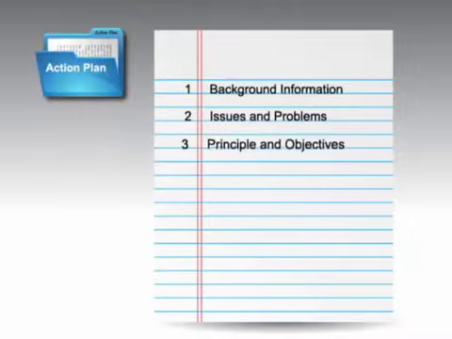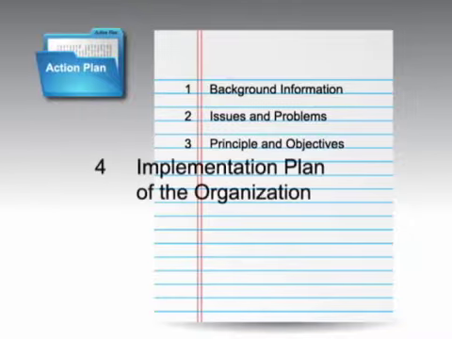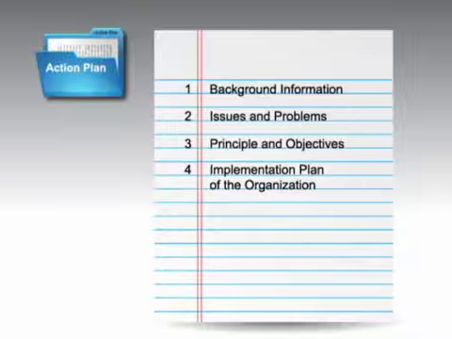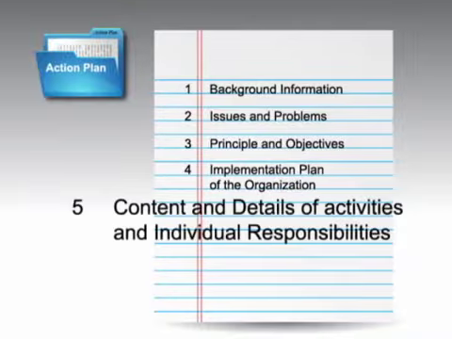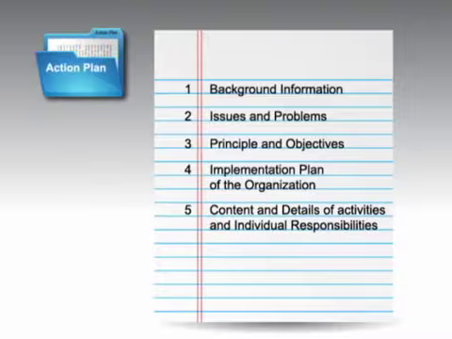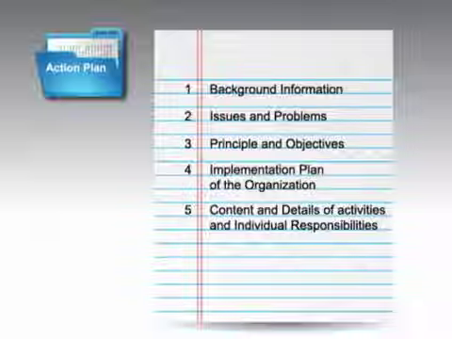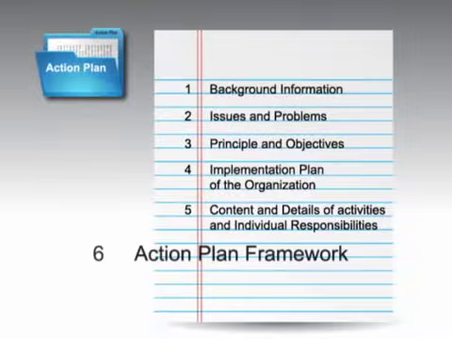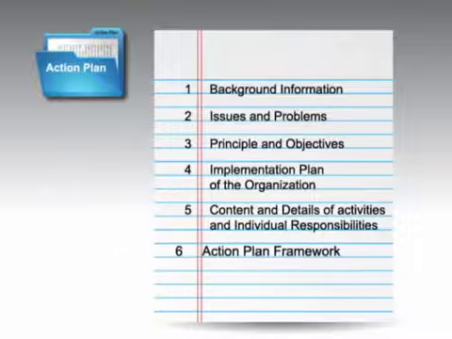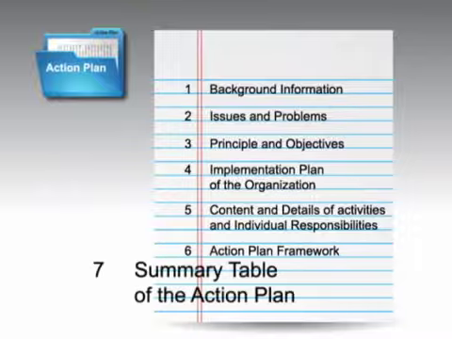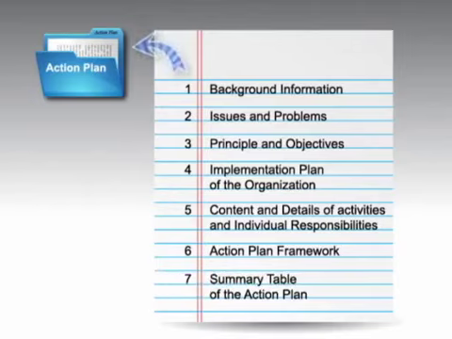Their principle and objectives. 4. The implementation plan of the organization. 5. The content and details of activities and individual responsibilities. 6. Action plan framework. 7. A summary table of the action plan.